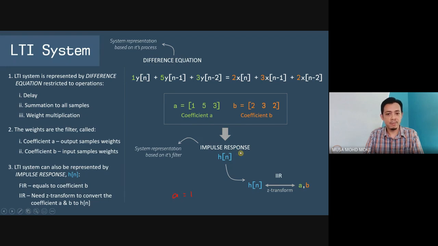For analysis, just to look at whether it is stable, causal, and several other things, but we're not going to cover all of it in this course. We just cover stability and causality checks for h[n]. Last time, when you learned about basic control, there is a very important reason why you need to learn the impulse response, and the other one is the step response. Step response is very important for control.